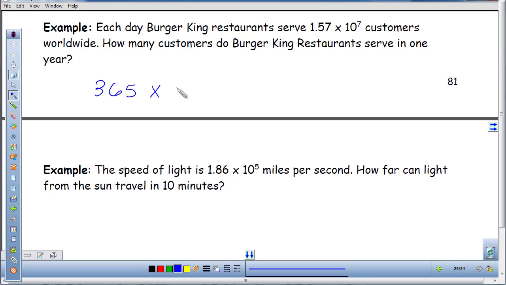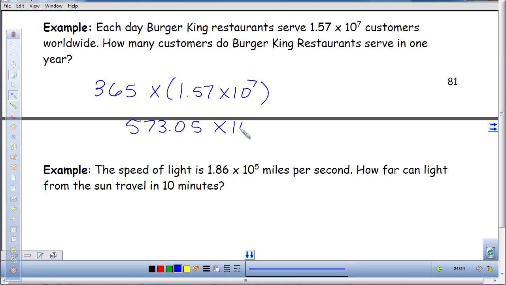Okay, very good. 365 times 1.57 times 10 to the 7th. Okay, but they're all real numbers, so I can multiply them in any order. 365 times 1.57 is what? 573.05. Okay, 573.05 times 10 to the 7th.